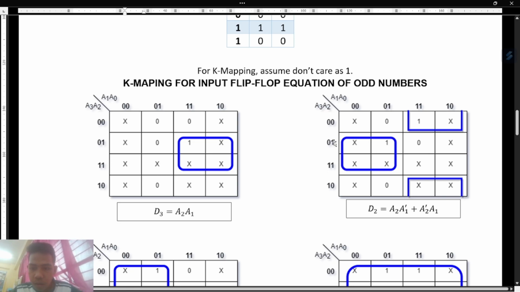So we group this E2 and E1 plus another group, E2 prime and E1 prime.